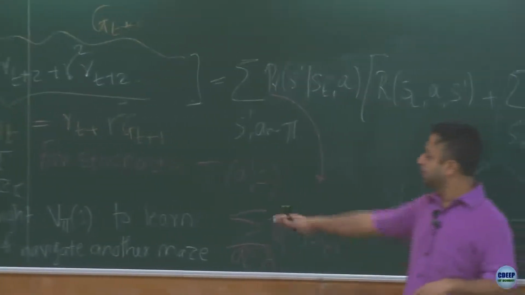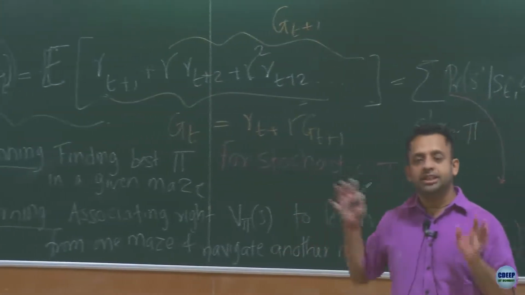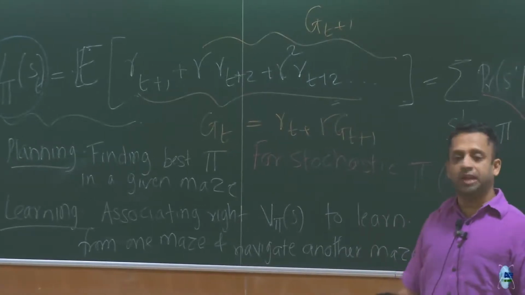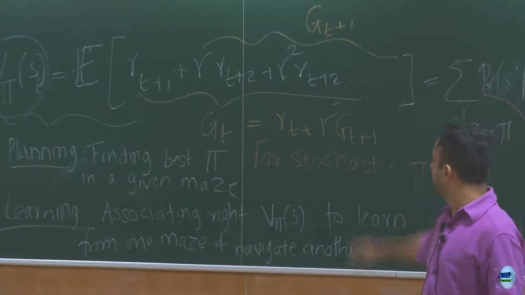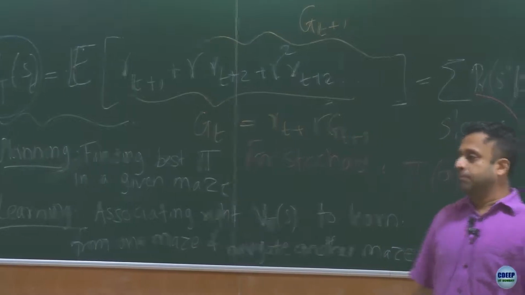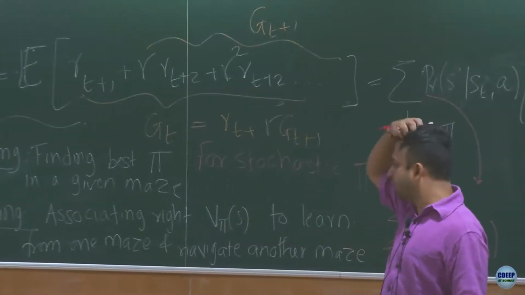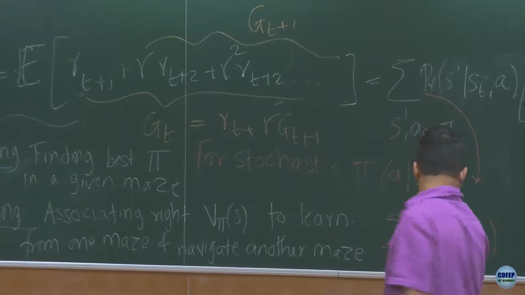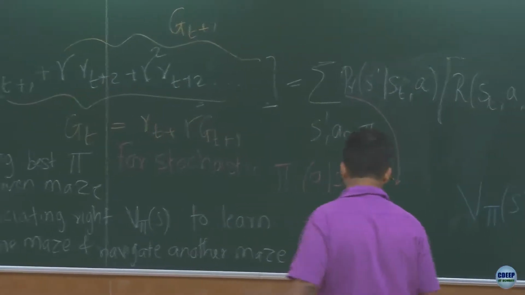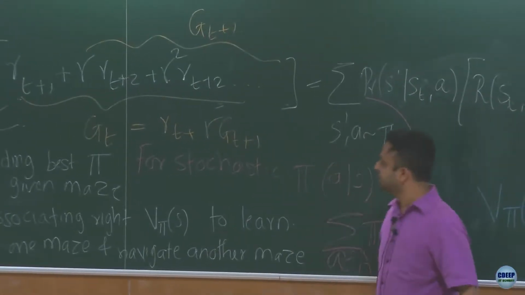Planning is: given a fixed maze, how to navigate, how to get to the goal, finding the best pi. When I say given a maze, I also mean given the value function and all that.